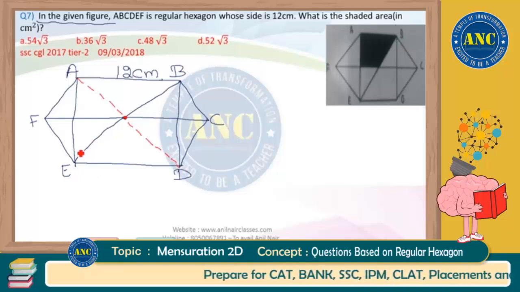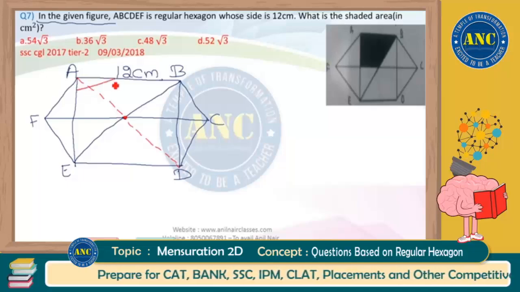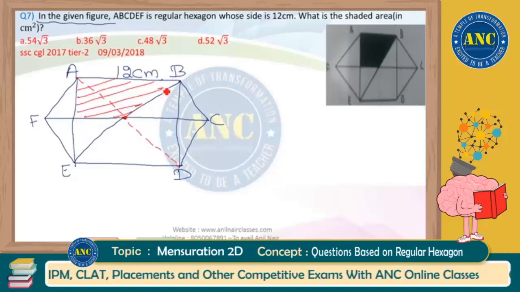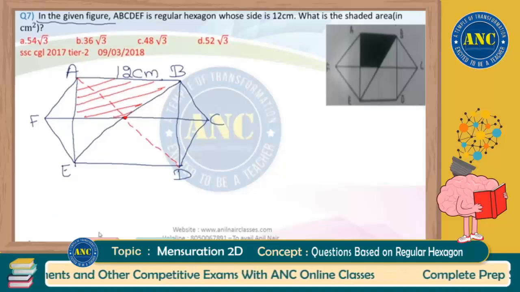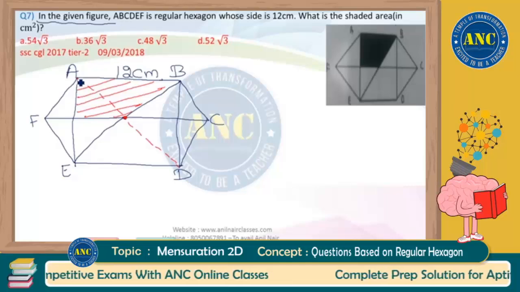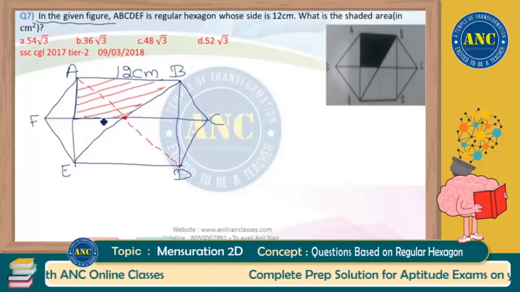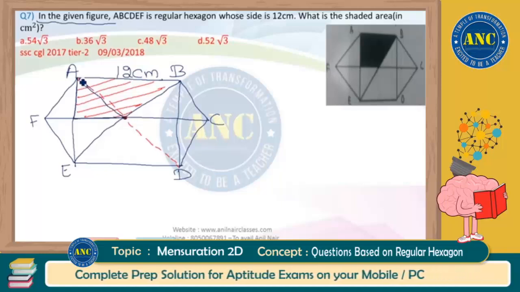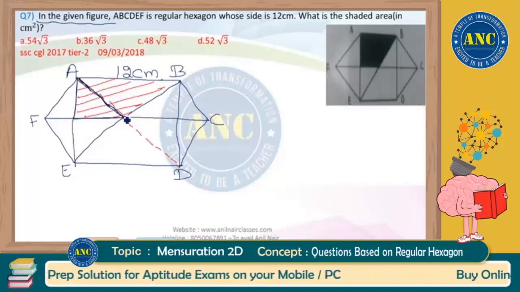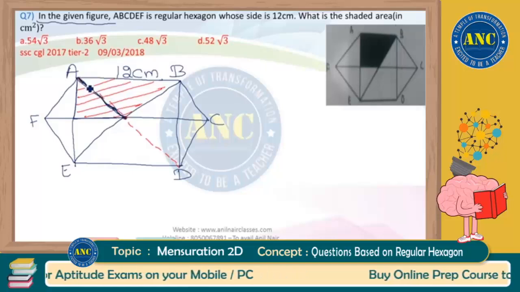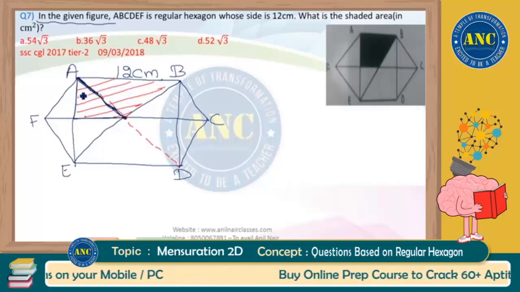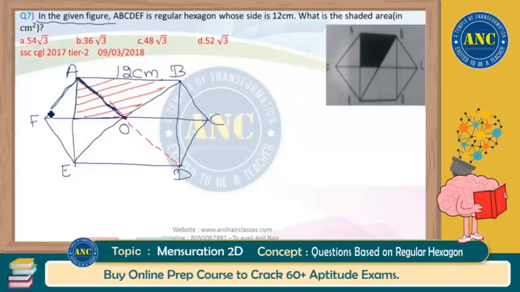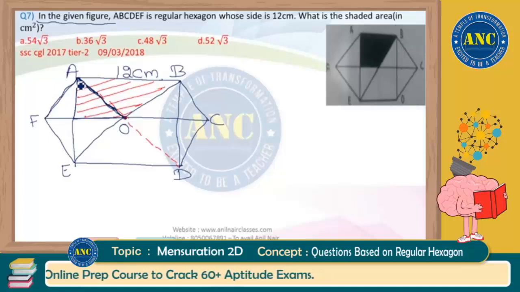Can I say that this shaded portion is the area they are asking you to find? That shaded portion is this particular equilateral triangle area, to be very specific, and this is not the complete equilateral triangle, this is only half of it. The complete equilateral triangle is AFO, but this is half of that.